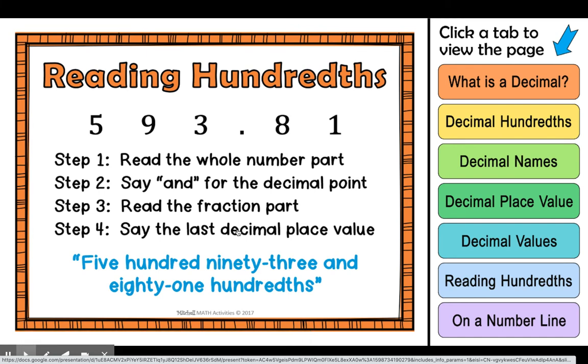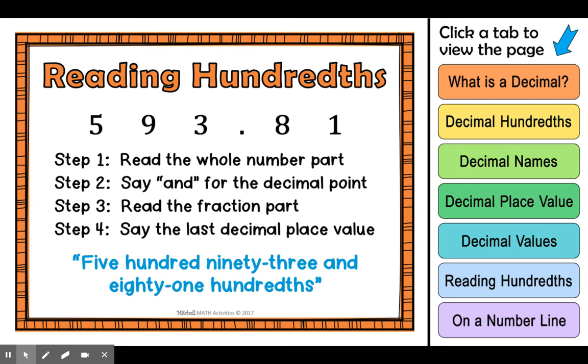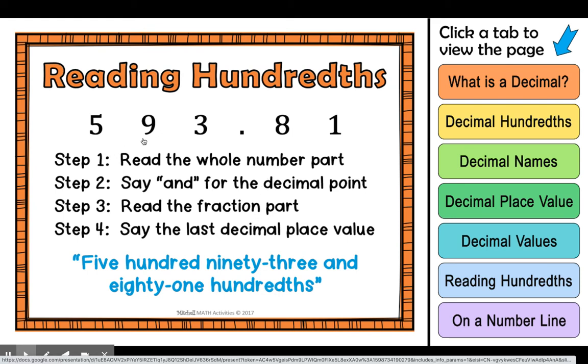All right, so some things are going to stay the same. And now we're going to build on what we learned when we were reading our tenths. Say the whole number part, 593, and always say and for the decimal point. Then read, these instructions say read the fraction part. I'm just going to say read the decimal part.